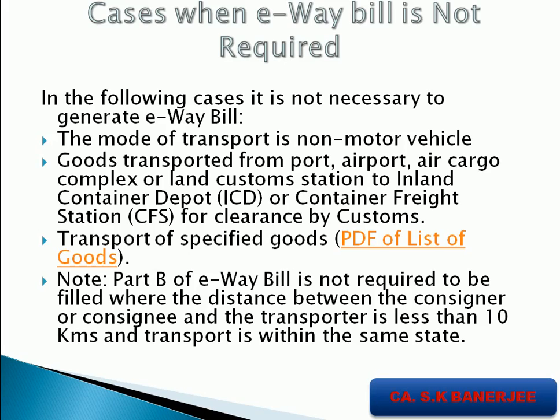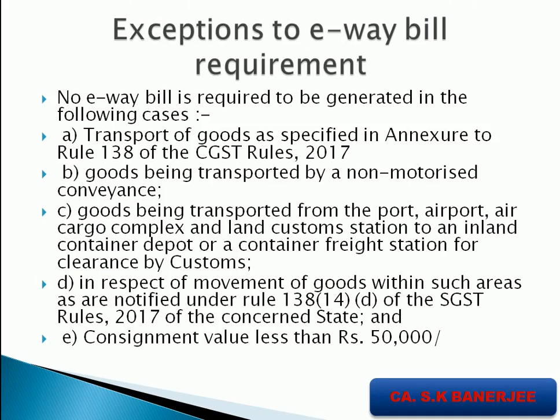In cases of transport of specified goods also, you do not require an e-way bill. Now what are the specified goods? I will attach it in the PDF. So for transport of goods as specified in the annexure to Rule 138 of the CGST Rules, an e-way bill will not be required. This rule will be attached in the link given in the description box, so you can check it out there.